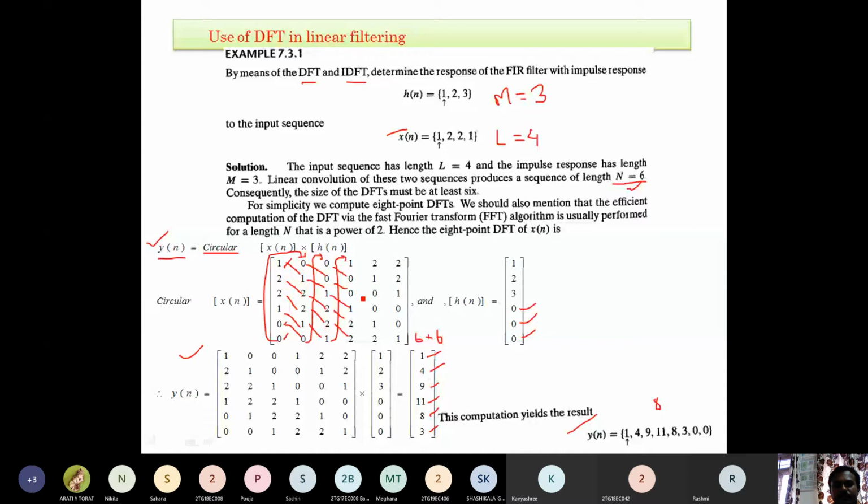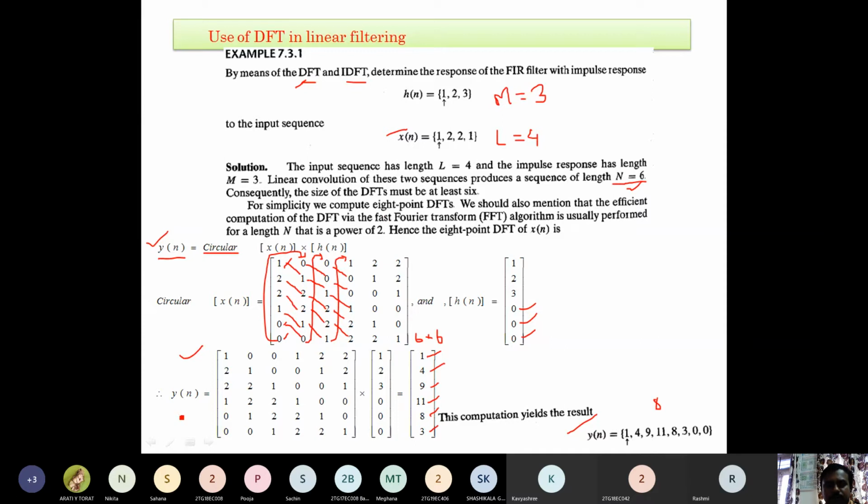So this is one method, the use of linear filtering. Or another way is there: you first take the DFT. You need to perform x of n into the twiddle factor, W N to the power kn. You do that with x of n and h of n, perform multiplication of these two elements, and then go for the inverse DFT.